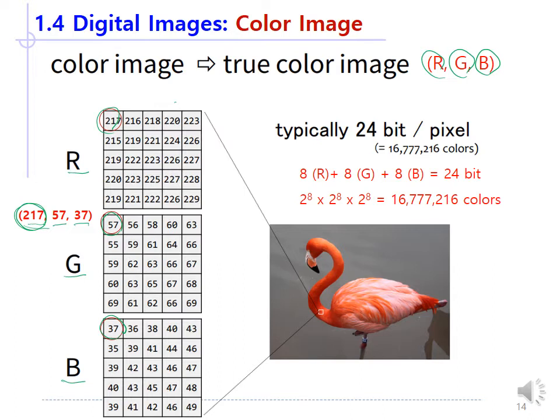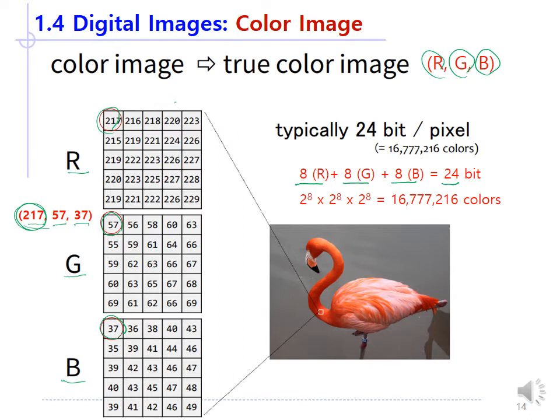There are 8 bits for each component. Thus a total of 24 bits are needed to express the color: 8 bits for red, 8 bits for green, 8 bits for blue. So a total of 24 bits is required.